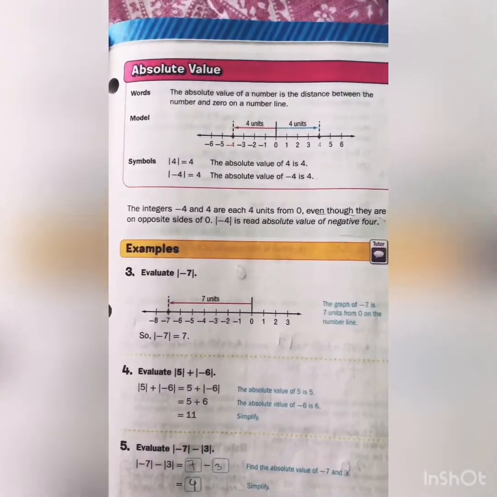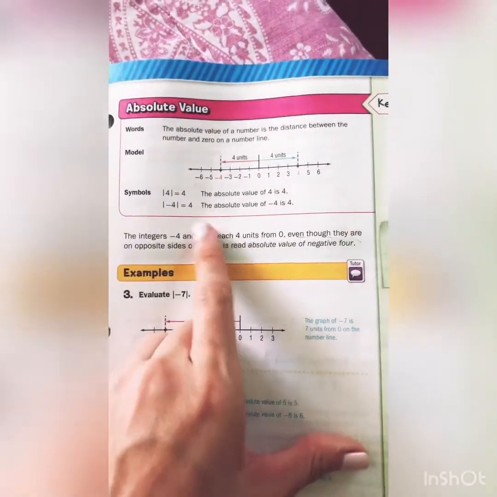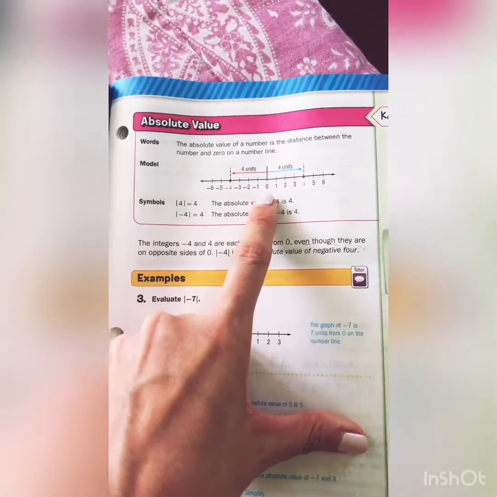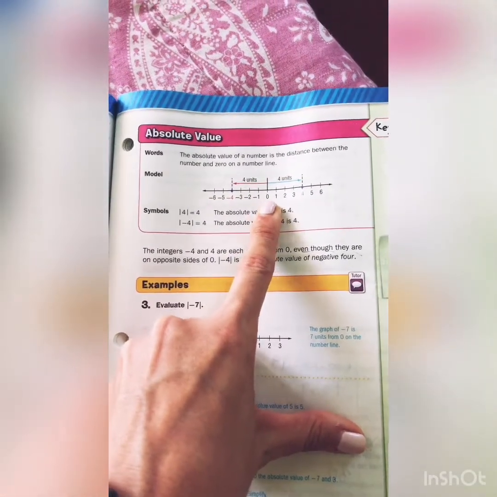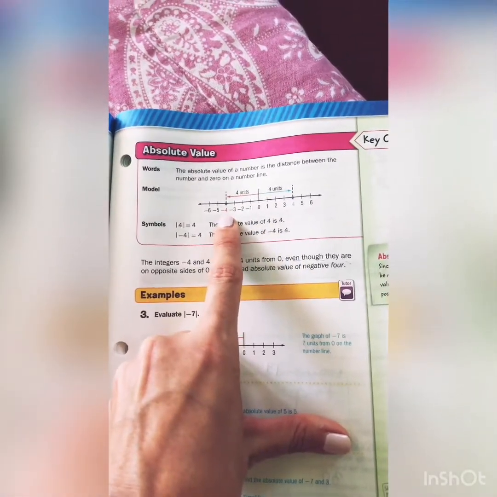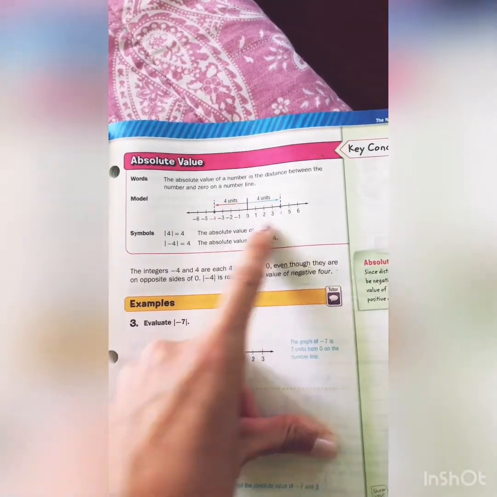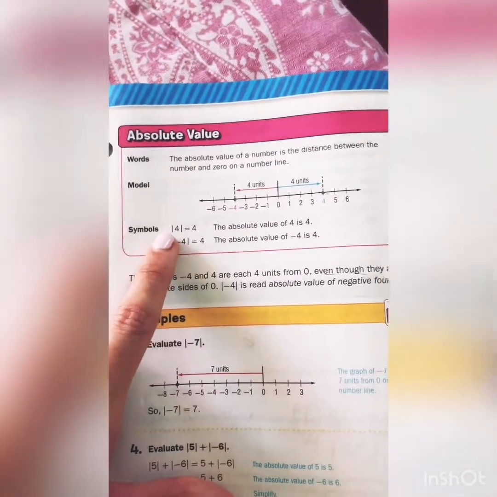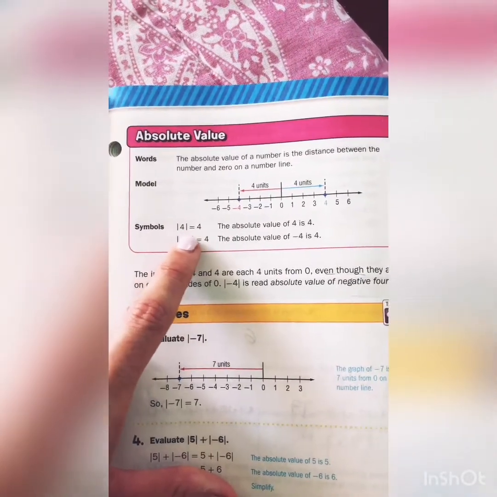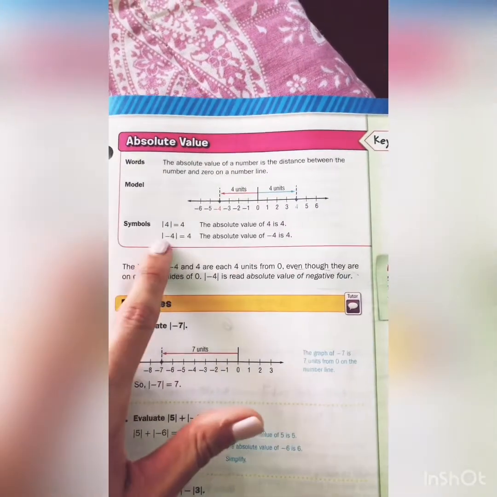Here you have a model similar to the ones on the previous page. Here you have the 0 point and a -4. The opposite of -4 would be 4, but in positive. Okay? Now, using symbols. This is like a sort of parenthesis that is read absolute value of -4.